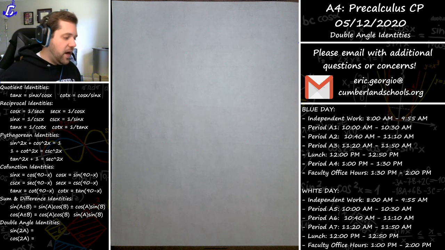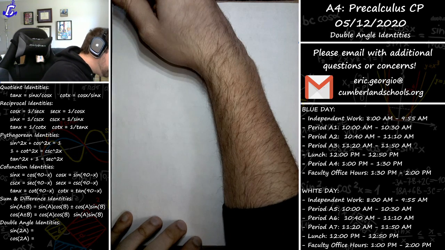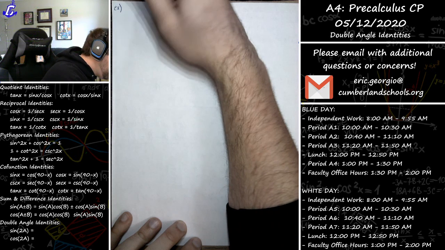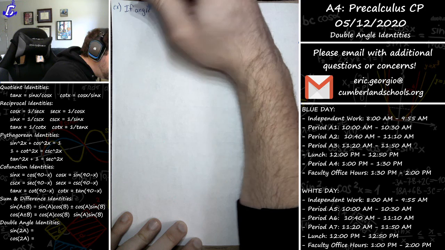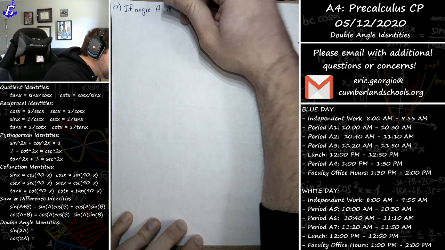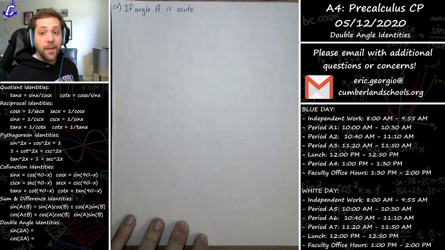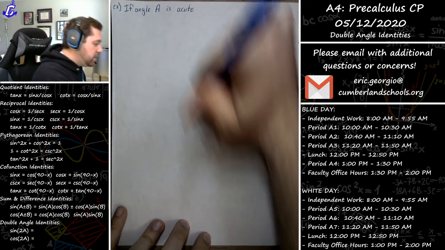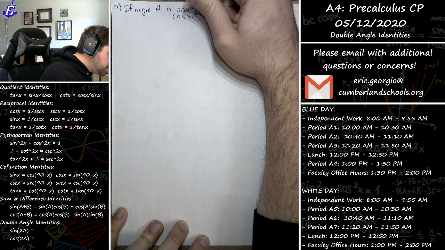It's a very similar idea here, but instead of trying to find all those things, we're going to draw a triangle and try to find our double angles. So consider a problem like this. If angle A is acute, meaning it's less than 90 degrees, meaning it's in the first quadrant, you could also see that written as A is less than 90 degrees.